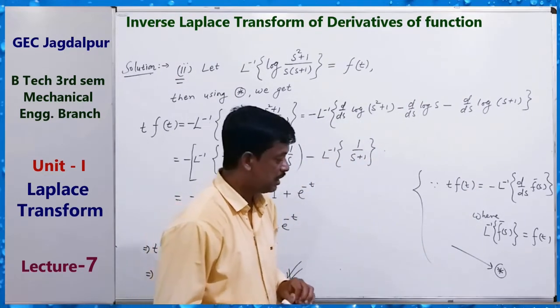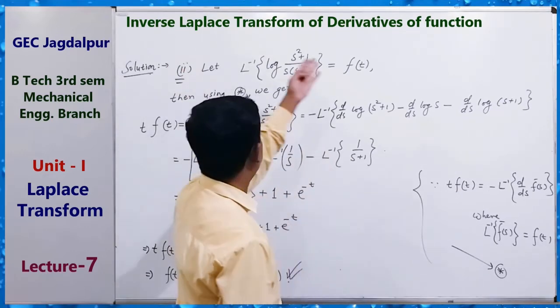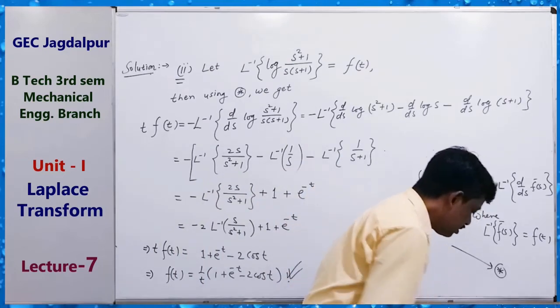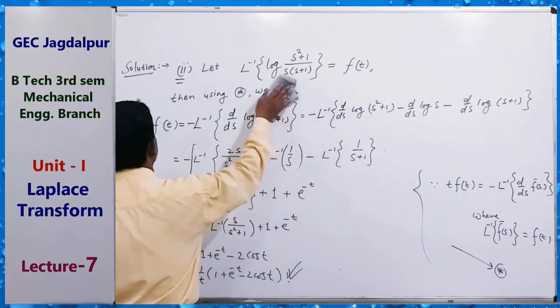Okay. So for this question, the third part is cot inverse s by 2.